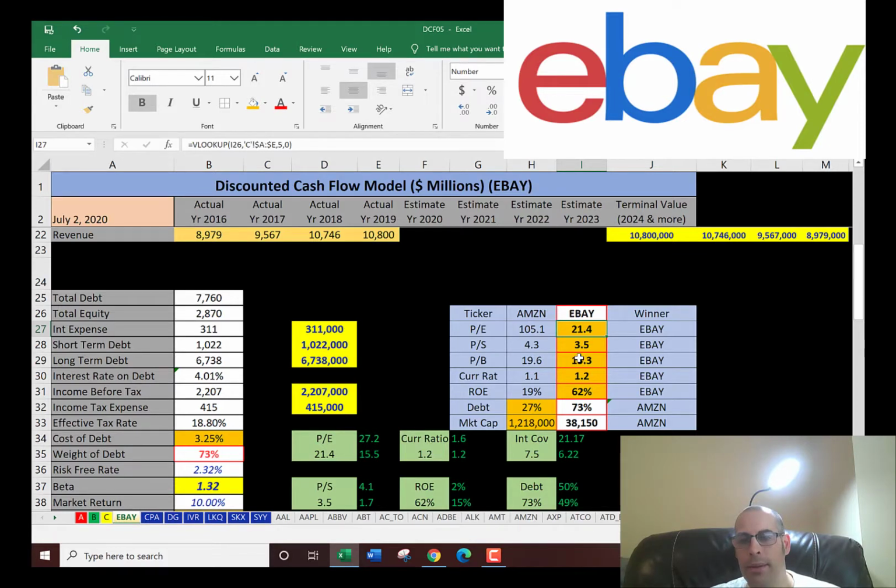And they also have a better price to book, but both companies don't have a good book. They're both doing fine in current ratio. ROE, eBay's much better ROE than Amazon. Amazon has little debt compared to eBay. And of course, Amazon is one of the biggest companies in the world, so it's obviously winning in market cap.